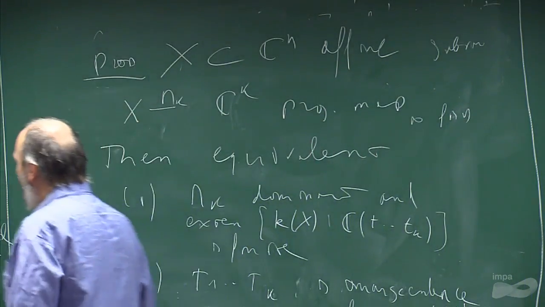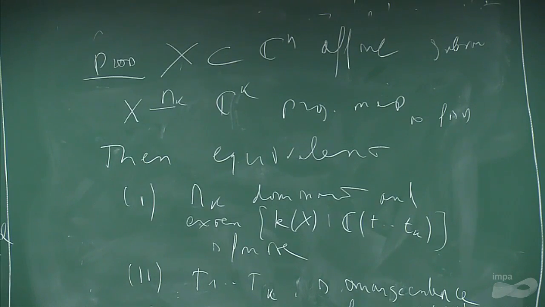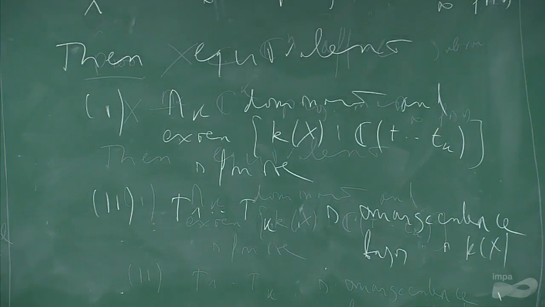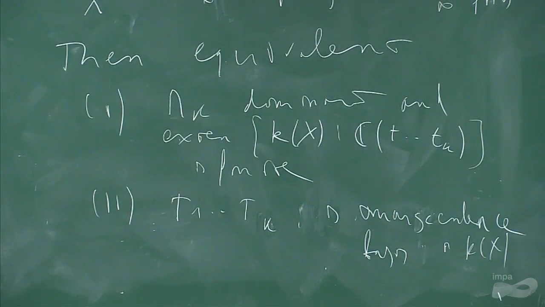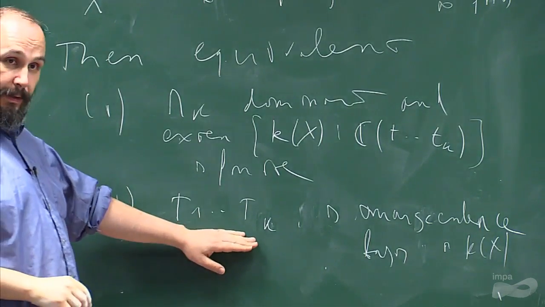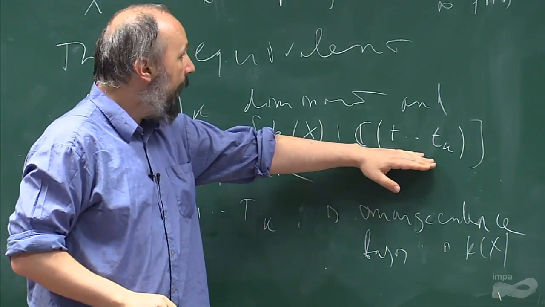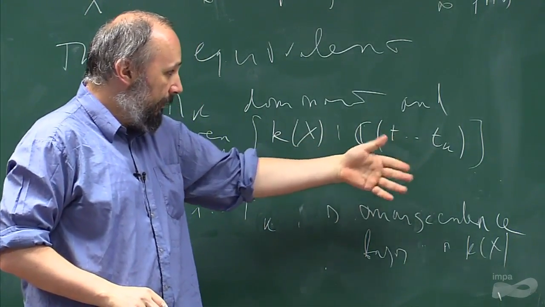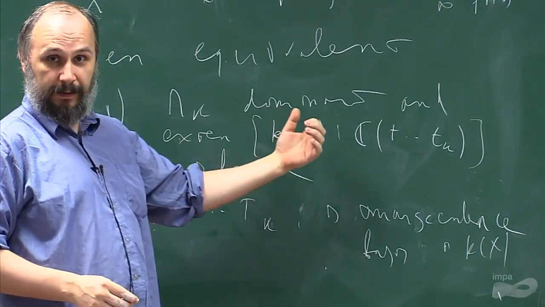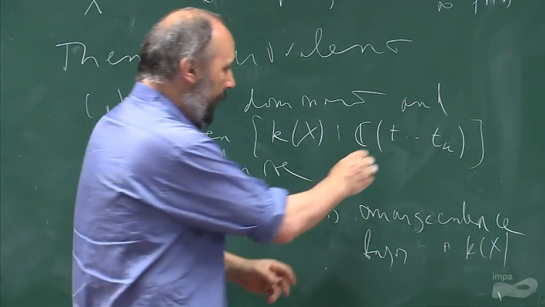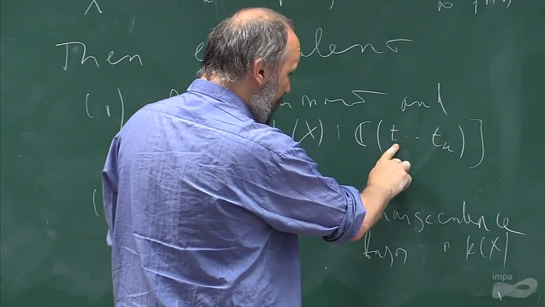And the proof, again, there is essentially nothing to prove, so it's again trivial, but let's do it. So proof. Suppose T1, ..., Tk is a transcendence basis. Then this is definitely a subring in K of X, because they're algebraically independent.